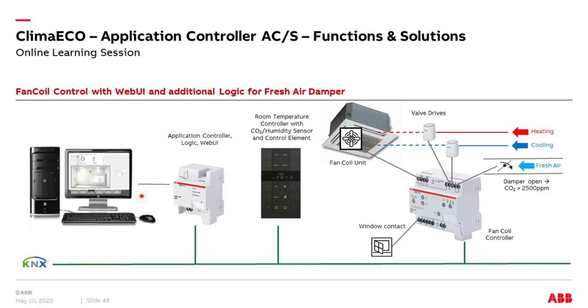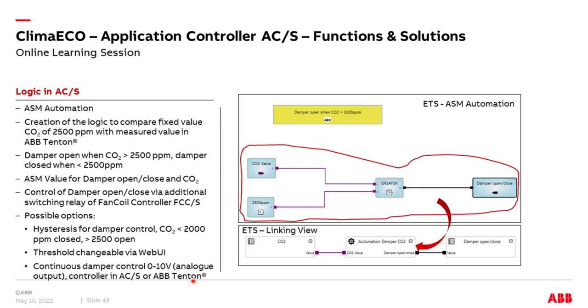How to do this? I need an additional logic, very simple, possible inside the application controller. So practically, I create an additional individual logic where I compare the measured CO2 value with a fixed value, 2500 ppm. And if it's greater, then I send a command, and I control, in this case, the additional relay of the fan coil controller, which is available in this device, to open and close the damper.